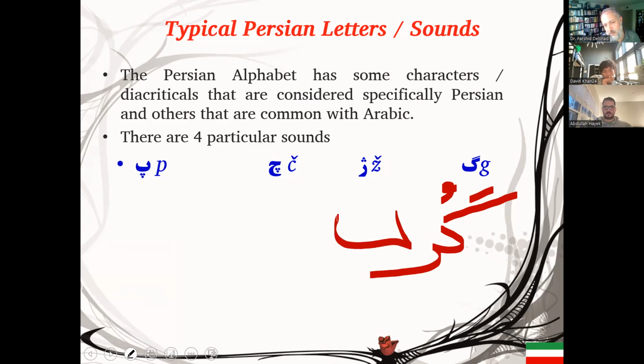Gorg. That means wolf. But I would use also the letter ge for those sounds from the European background which have the ge sound. For example, if somebody's name is Gustav, I write like that.